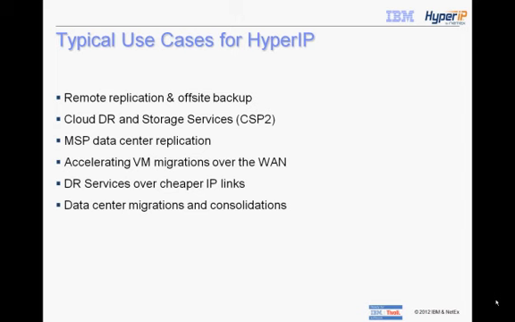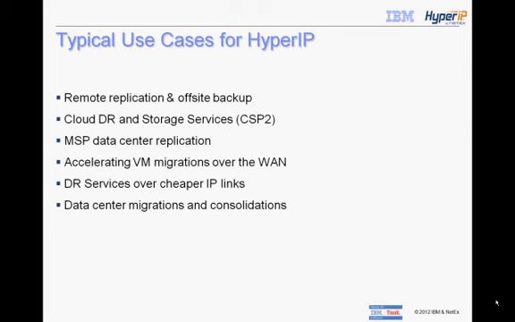Let's talk a moment about use cases. Where do you deploy HyperIP in certain cases? If you're looking to move data off-site, whether it's with backup or replication, HyperIP is going to improve that, reduce the requirements of the bandwidth as well as the windows by upwards of 90%.